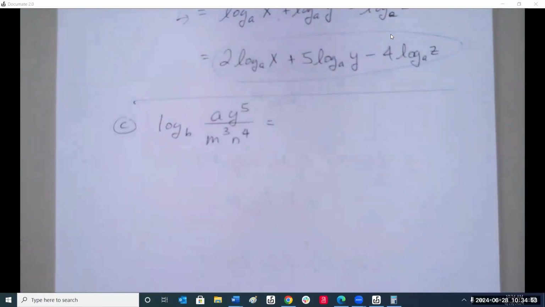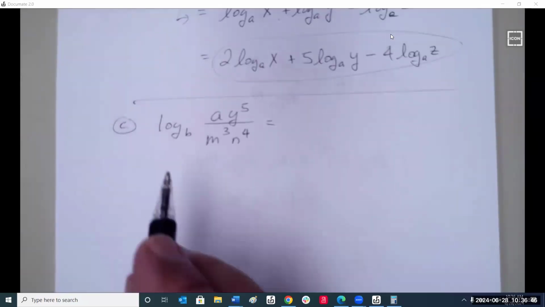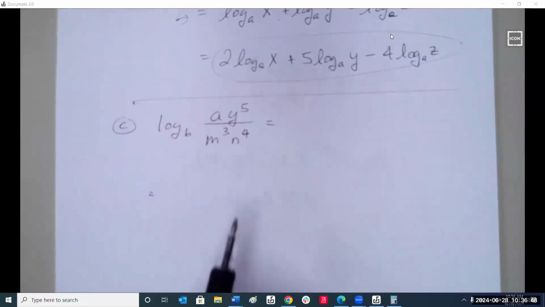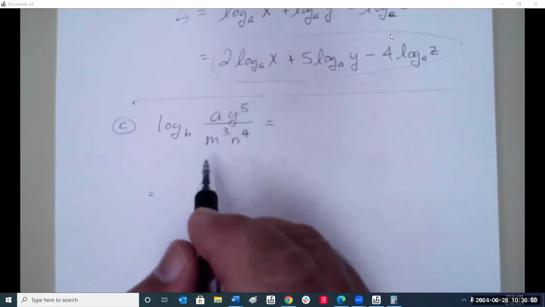Expand this one using a shortcut. Remember, anything on top will have a plus in front of it.